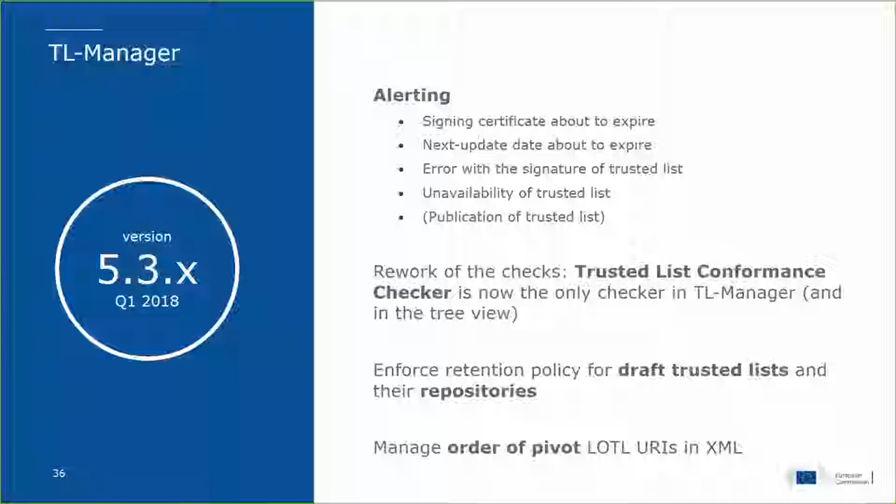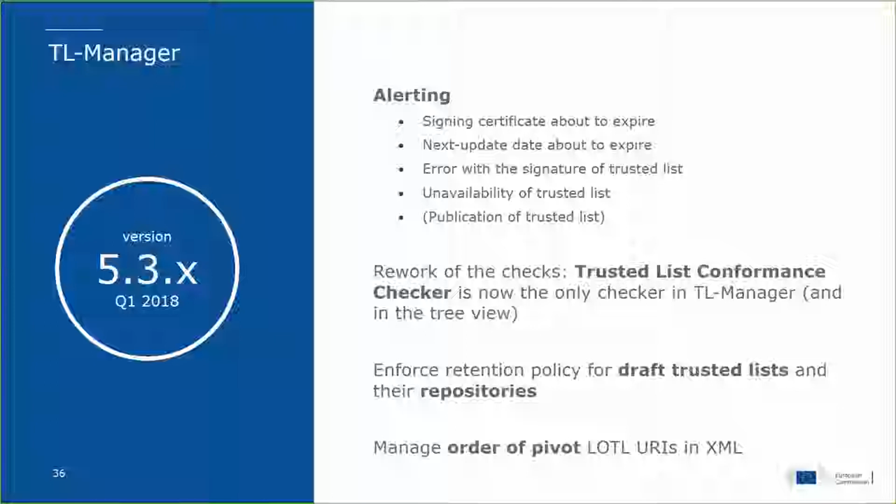Maybe something to mention is the fact that in 5.3, at the beginning of last year, we also clarified the retention policy, and so now there is an explanation on how much time we keep all your drafts. Again, this is not meant to be a repository for long-term archiving of your draft trusted lists.